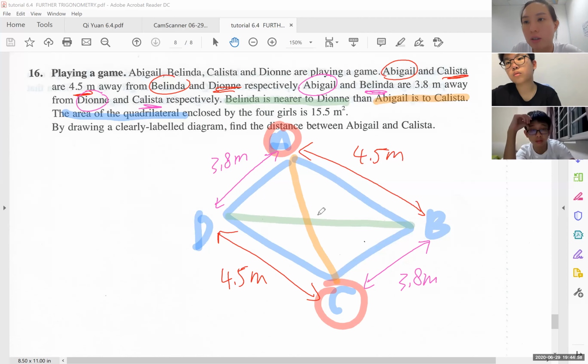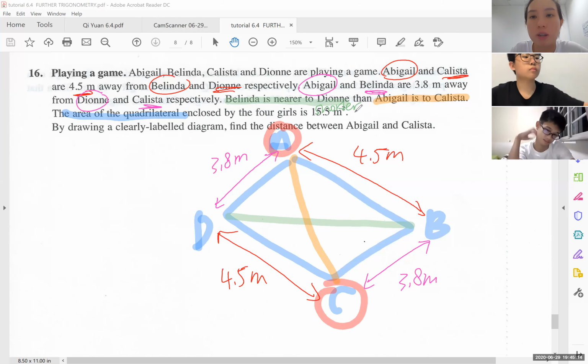Isn't it shorter? Because nearer. Yes, shorter. So this green must be shorter. Oh, then my diagram was drawn wrongly, because it needs to be shorter than the orange one.